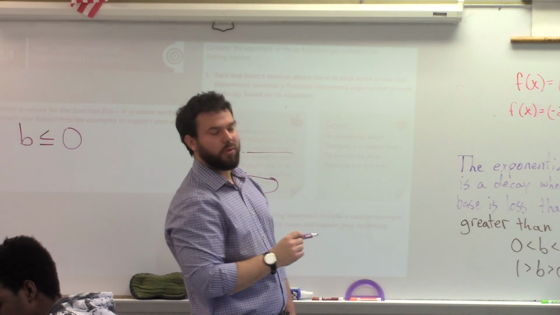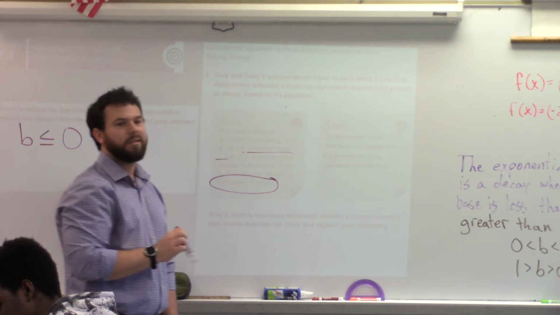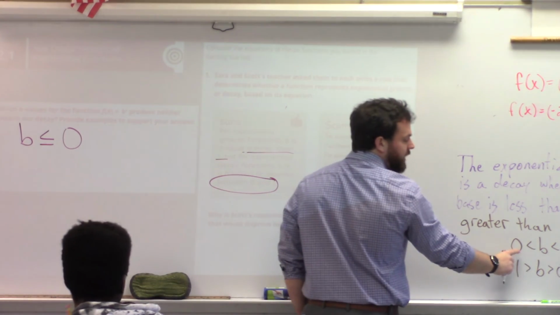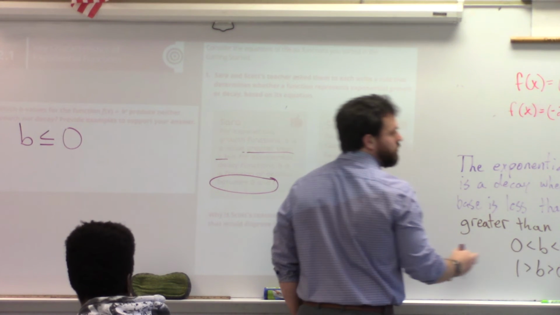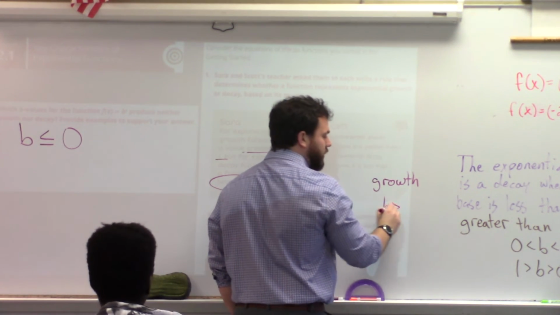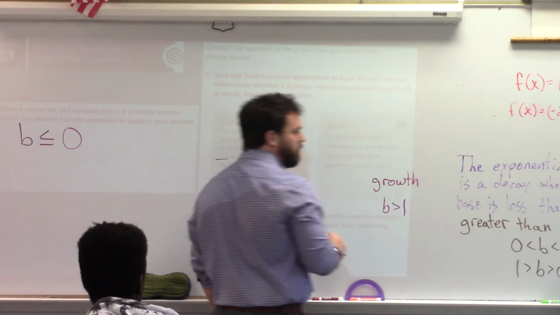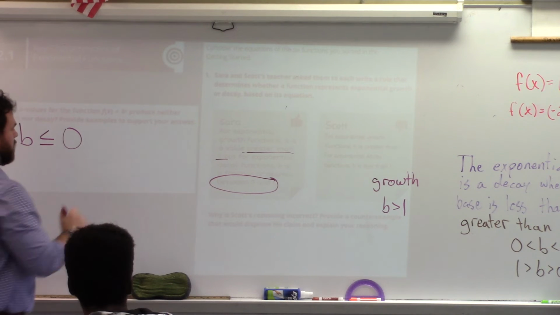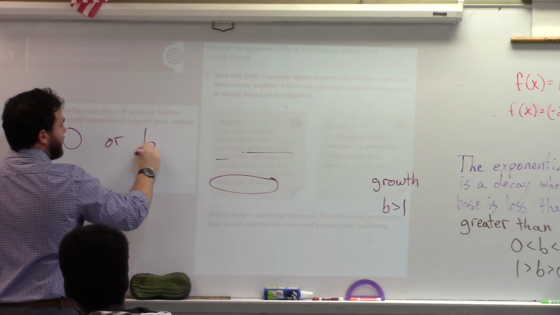Well, is pi greater than 1 or between 0 and 1? Pi is still greater than 1. Okay, I want you to remember, for it to be a decay, we said 0 is less than the base is less than 1. For a growth, we said that the base has to be greater than what? 1. So what number is not ever equaled? 1. I did not hear you say that.